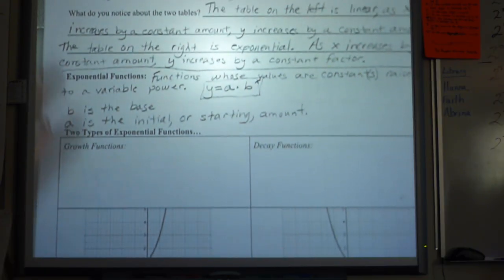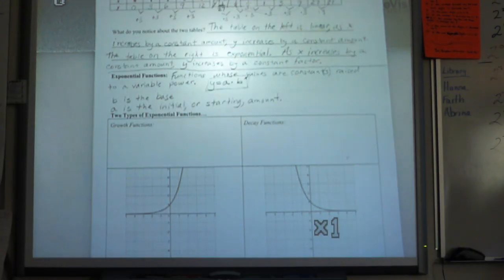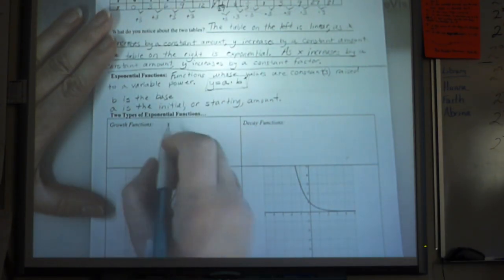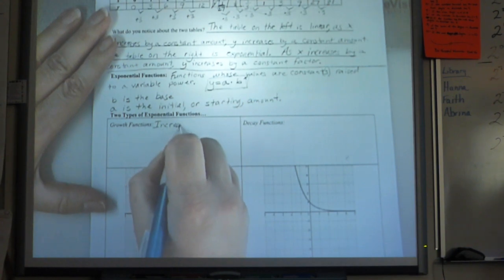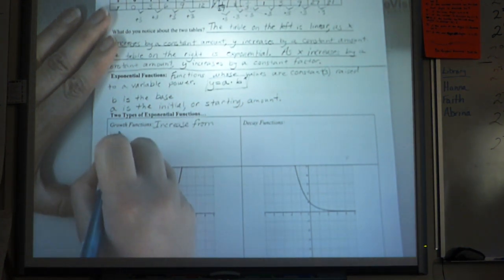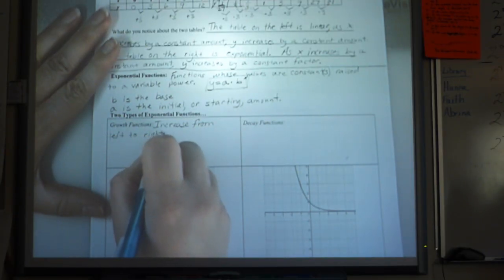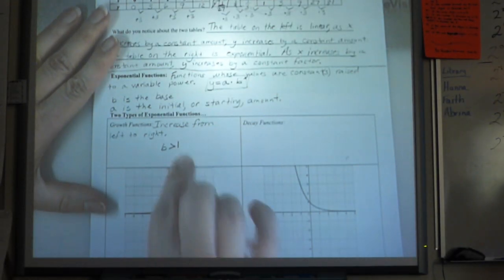Okay, so then there are two types of exponential functions, exponential growth functions and exponential decay functions. Growth functions increase from left to right. And this happens because the base is greater than 1.